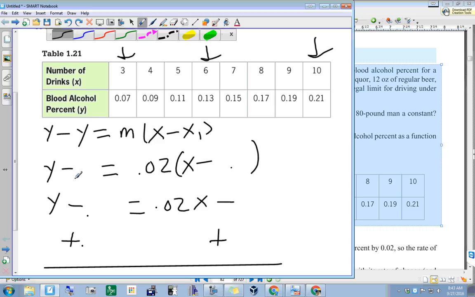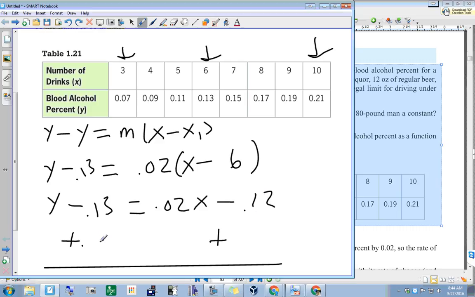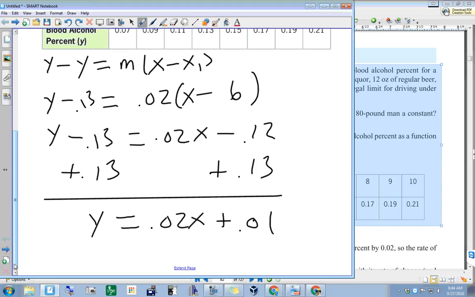That means it's going to be 0.13 here, and this is just plain old 6 over here, right? So I have my 0.13 here, and this is going to be 0.12. I add 0.13 to both sides. Do I end up with the same exact equation? Should I? Yeah.